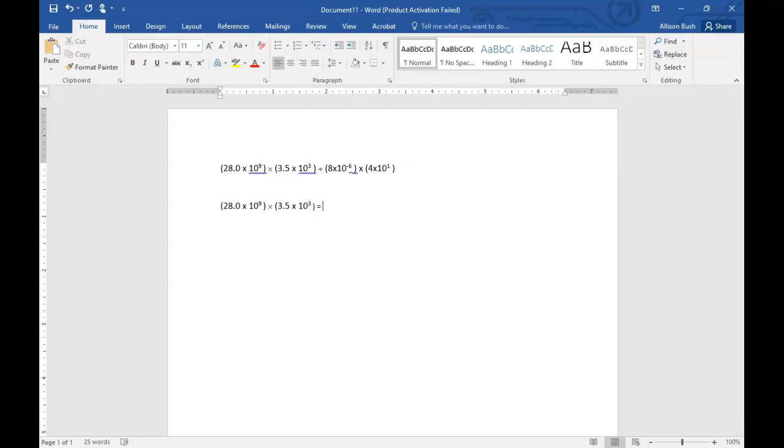So we're multiplying, first of all. What does that mean we do to our exponents? Means we're going to add our exponents after we multiply our whole numbers. So what is 28 times 3.5?